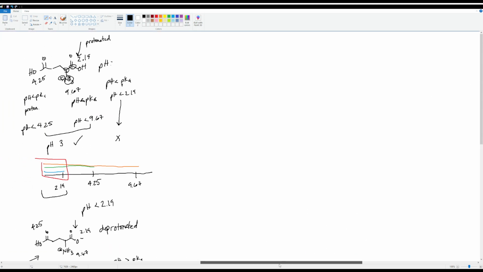Okay. So the next one, here, and then we were dealing with 4.25, 9.67, and 2.19. All right, our R group, protonated or deprotonated? Deprotonated.